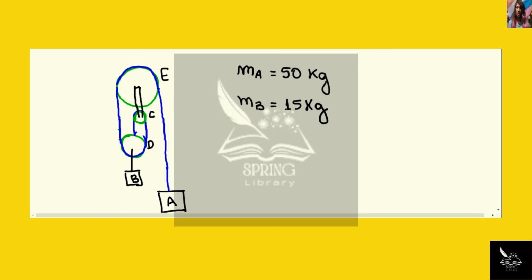And the string represented in blue here is the same string. So the same string that connects block A to pulley E connects pulley E to pulley D and pulley D to pulley C.